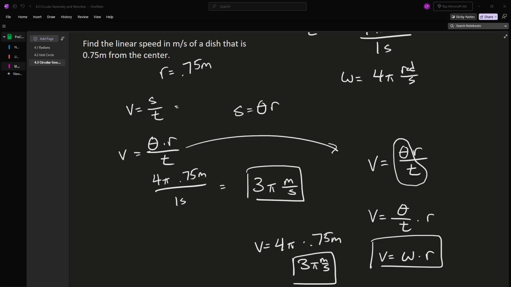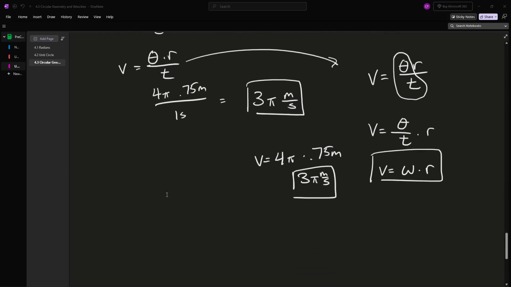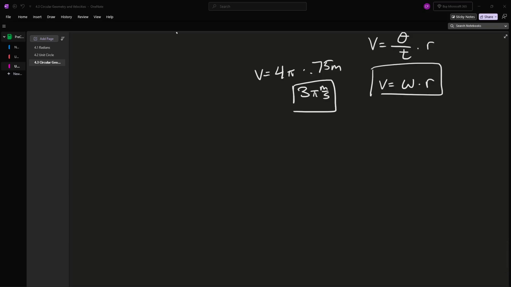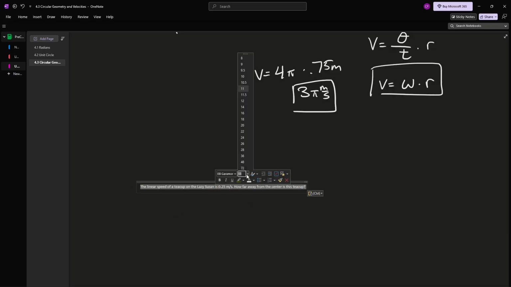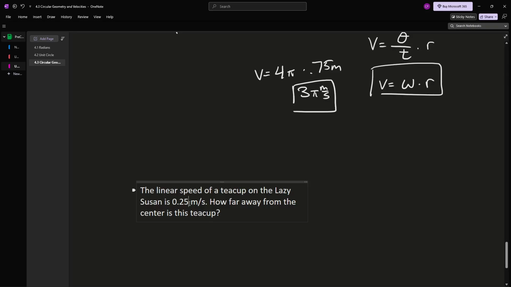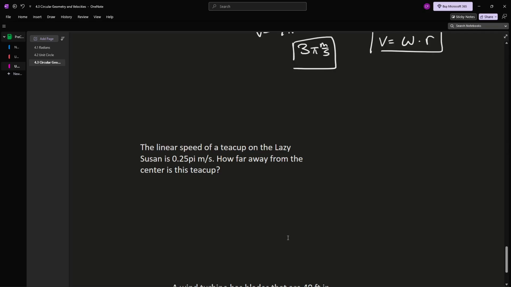And now the last little example that we'll do together: the linear speed of a teacup on a lazy Susan is 0.25 pi meters per second. How far away from the center is this teacup?